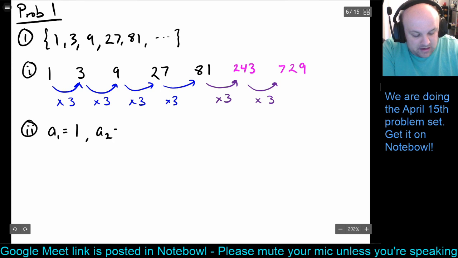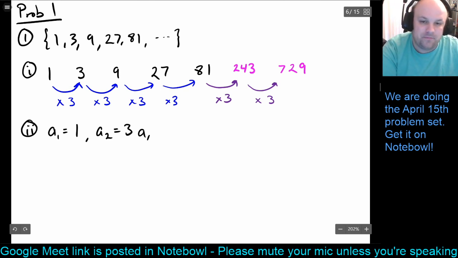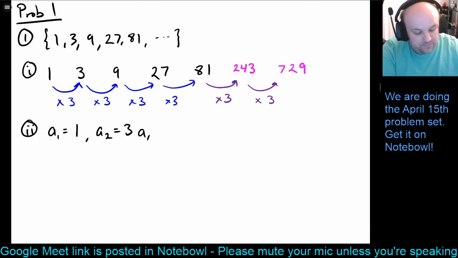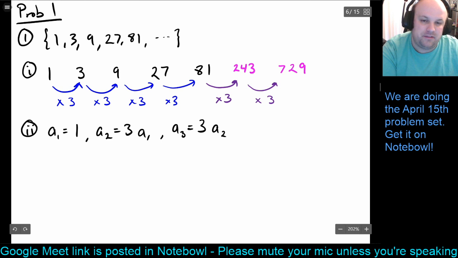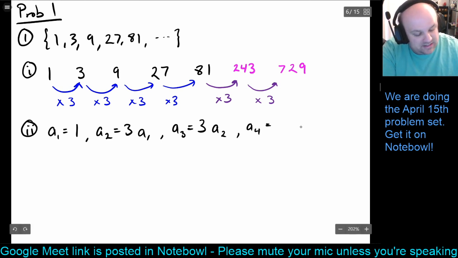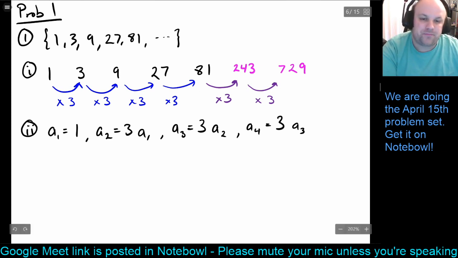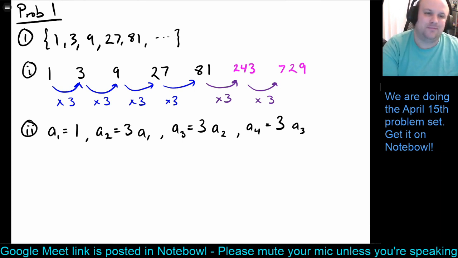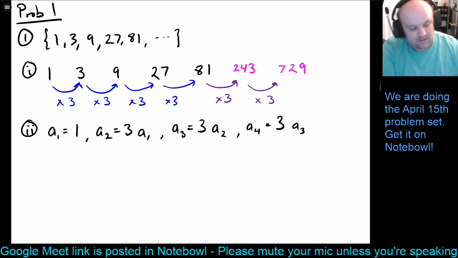Then A2, I get that by taking A1 and multiplying by 3. To get A3, I take the previous term A2 and multiply that by 3. To get A4, I take the previous term and multiply that by 3. And if you write out a few of these, you might see what's going to happen here.